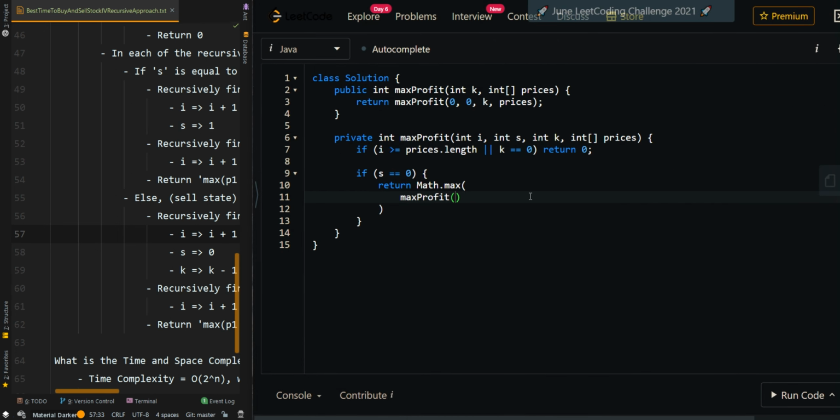So maximum profit, if we buy at the current stock. So if we buy, we're going to move our index forward and our state goes to 1. And then the number of transactions stays the same. And then we're going to decrement by the current price because we bought the current stock. So we want to decrement the amount of money we have. And also the maximum profit if we just skip the current stock.